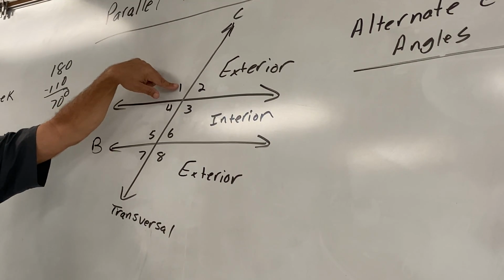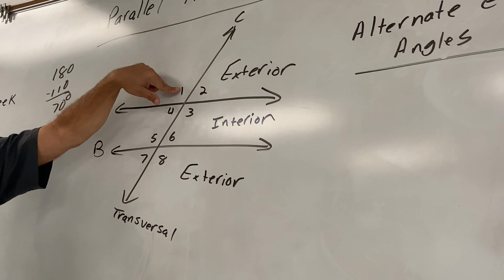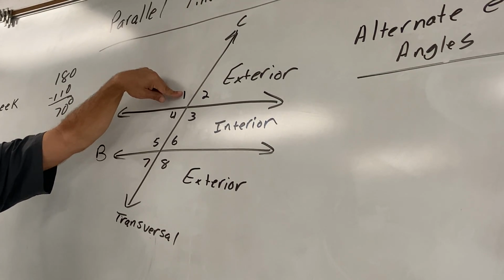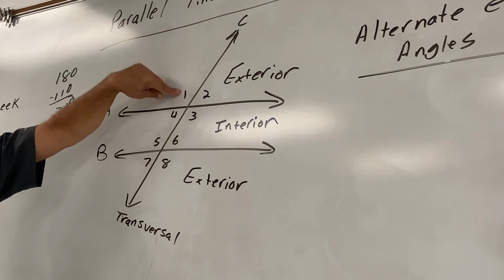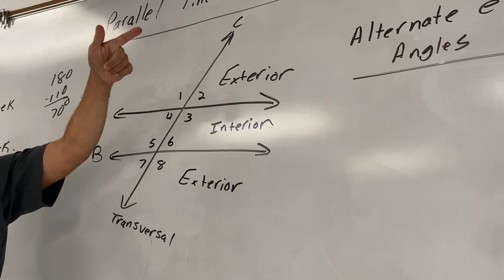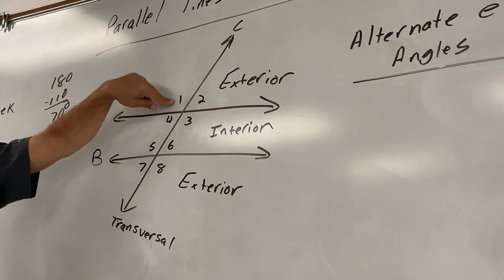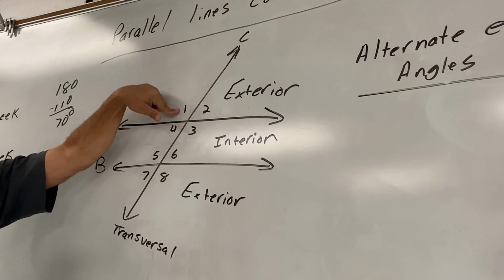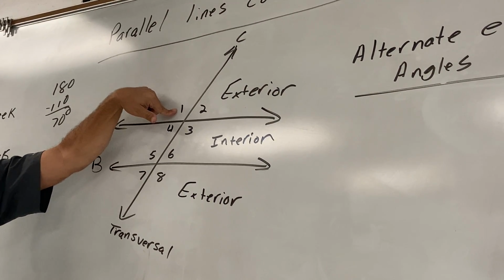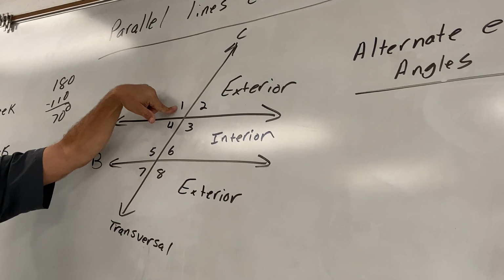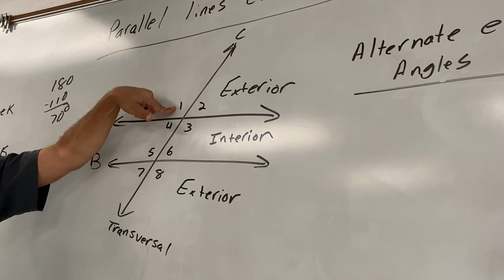Give me a number. Summer, take a guess. I need an angle that is alternate exterior of angle 1. You don't know which one. I haven't given you the definition yet. Take a gamble. Summer's got it. She can tell me a number.